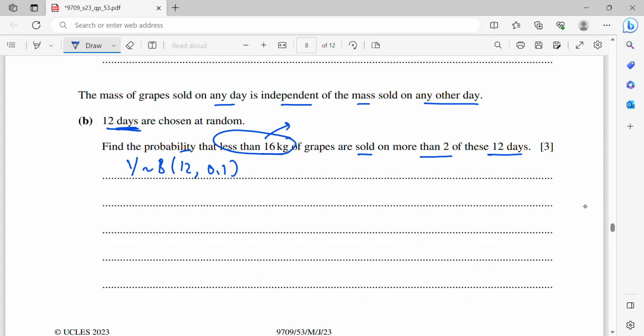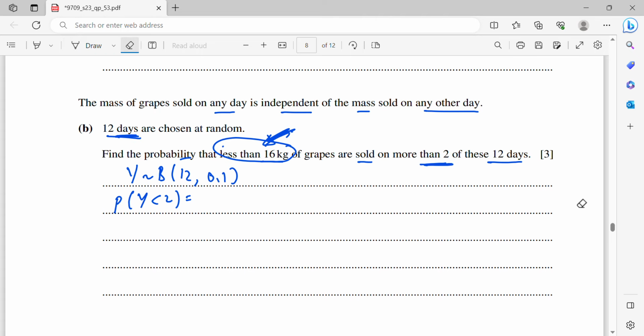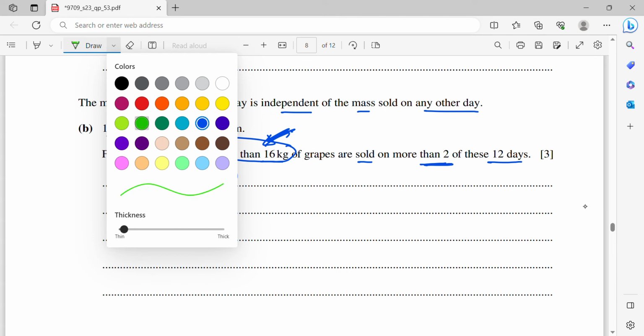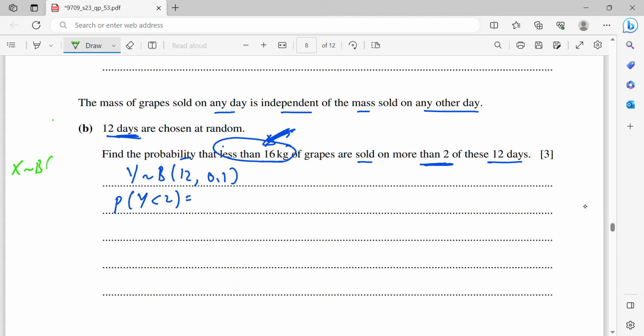So now find the probability that more than 2 out of these 12 days will be selling less than 16 kg of grapes. So P(Y < 2) out of 12 days. So now for binomial, X is binomial distributed, and the probability of X equals small x will be nCx p^x q^(n−x).